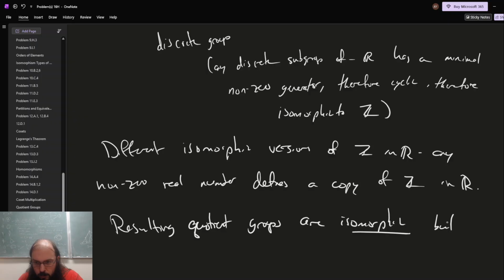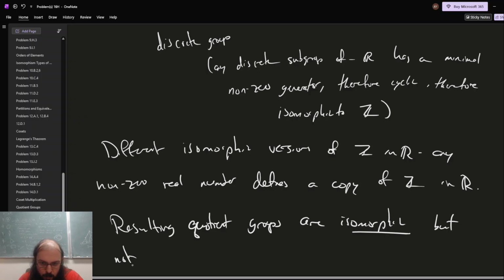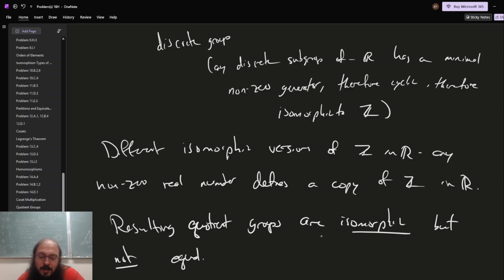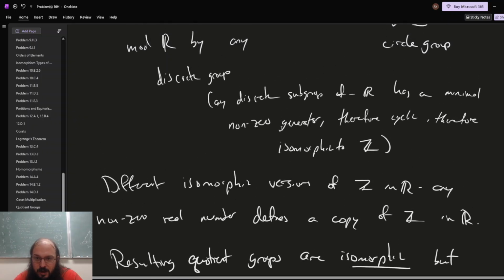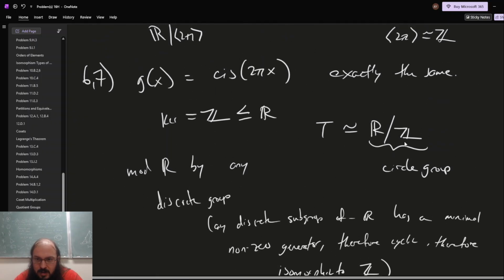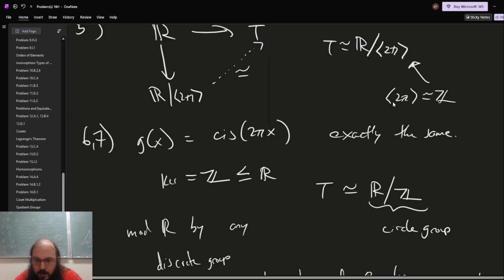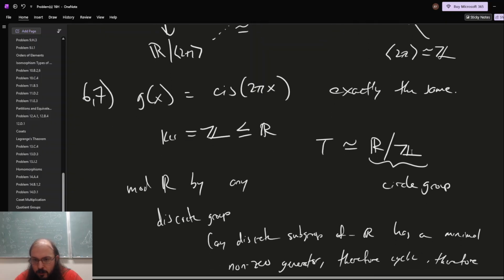but not equal. And I think this is an important point that I don't think we've emphasized much up until now, which is that they can't possibly be equal, right? Because their cosets are different. These ones differ by multiples of 2 pi. These ones differ by multiples of 1, right? These are different elements here. The homomorphism, realizing this quotient, builds that factor in, but the equivalence class of the quotient doesn't know that.